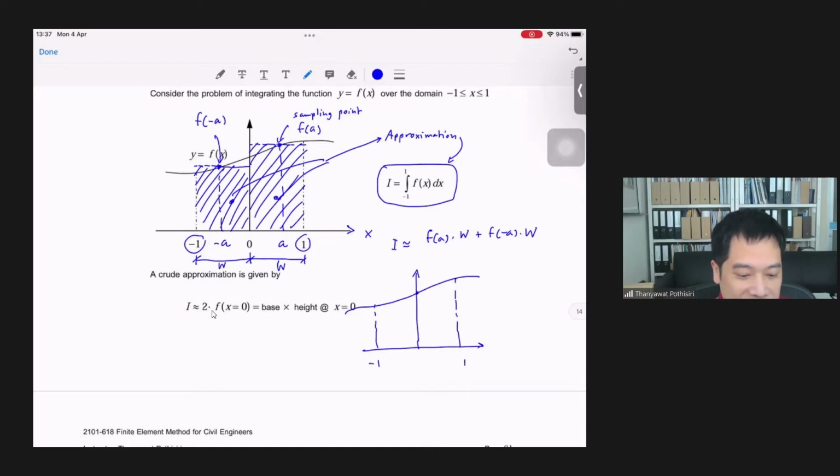So if I select one point, for example, if I select a point here, okay, so I can use my sampling point as x equals 0, right? And in order to compute the approximation, now I would need f0 multiplied with the width of the base, right? And in this case, the width of the base would be this width right here, okay?